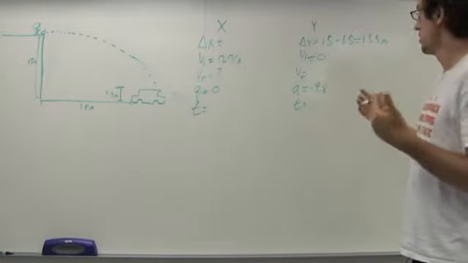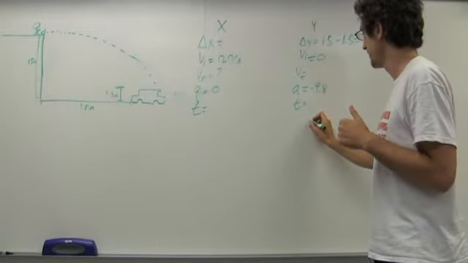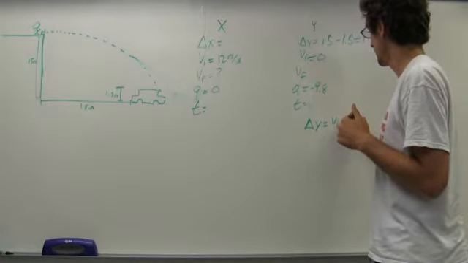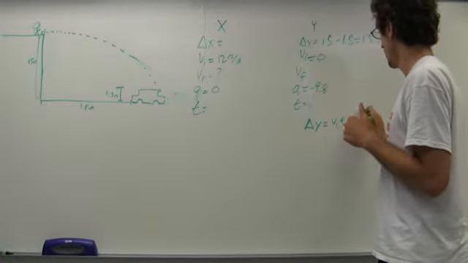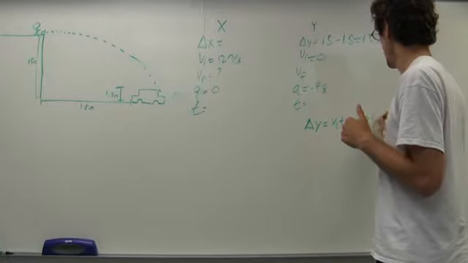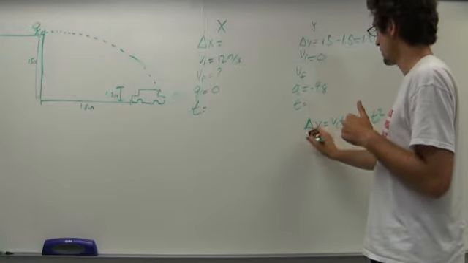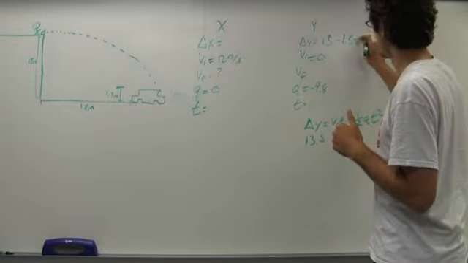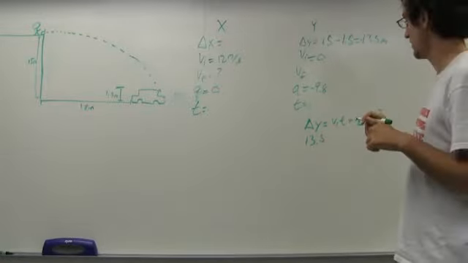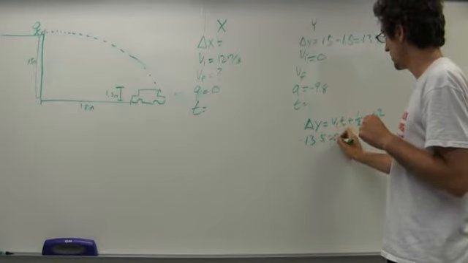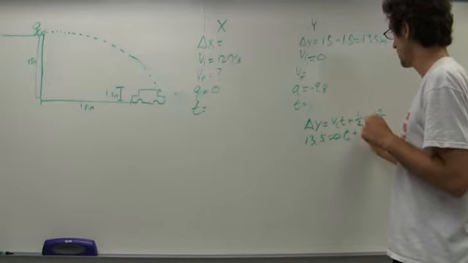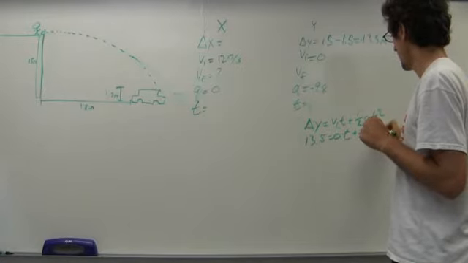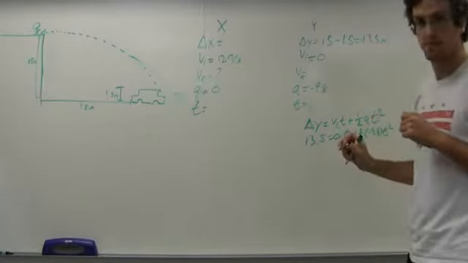We're going to go at it with change in Y equals V initial t plus 1/2 a t squared. This is 13.5 meters, actually negative 13.5, excuse me, because it went downwards, otherwise we're going to get a square root of a negative number. So negative 13.5 equals 0 times t plus 1/2 times negative 9.8 times t squared.